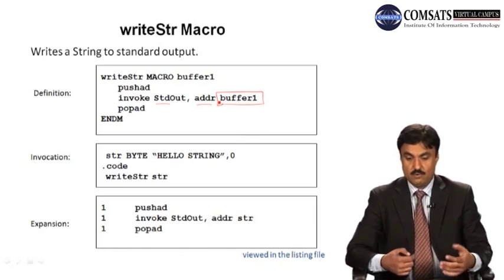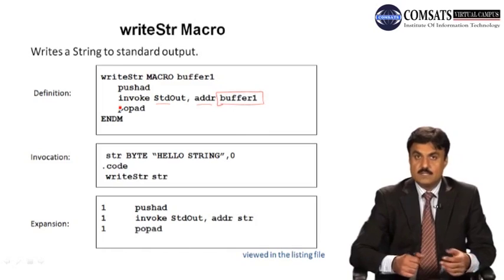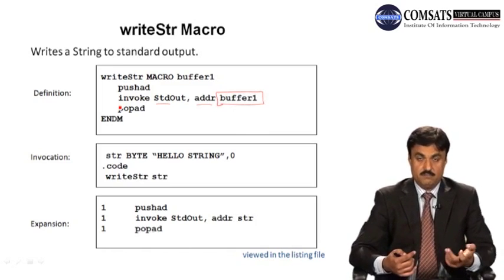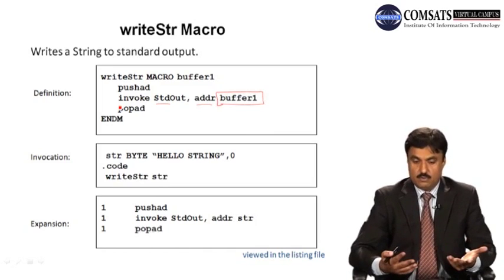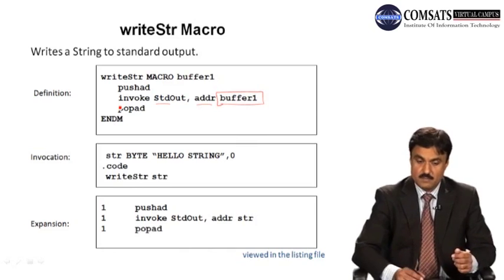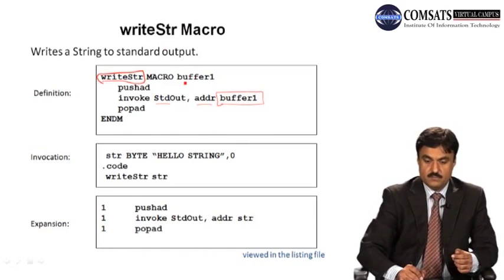So for example, we write invoke stdout address and so on. And this is a very long instruction. If we want to make a shorter version, or write our own statement, here you can see write str is the macro that we are going to use, and one of the parameters is called buffer1.